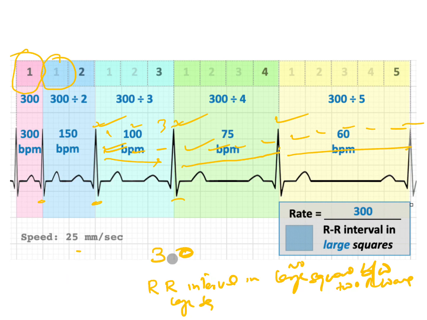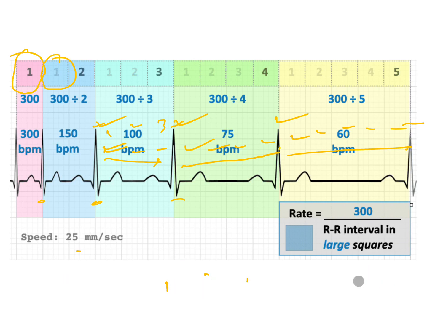let us see. If we see here, these are the R waves and it contains only one large scale. So rate will be equal to 300 divided by 1.